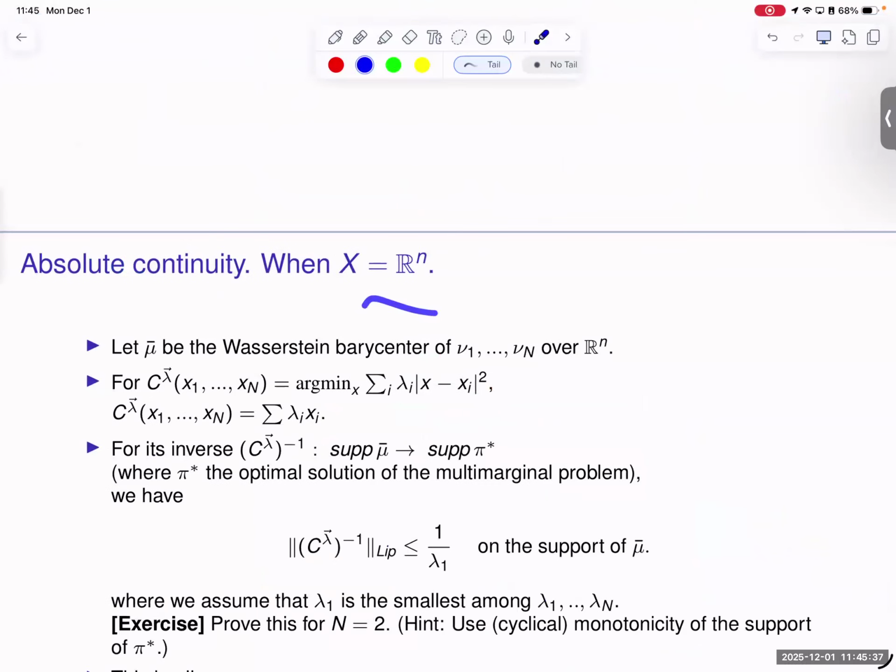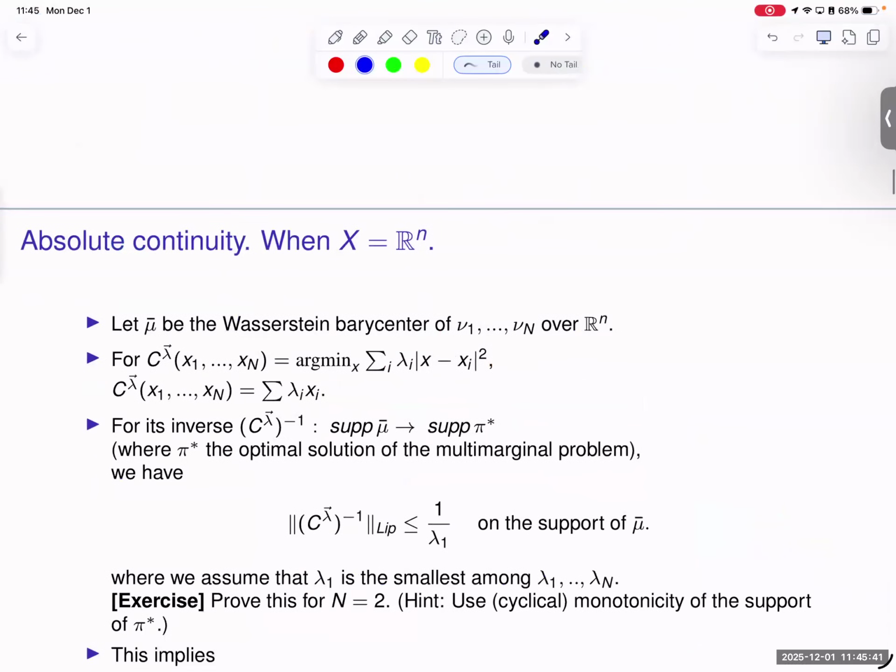So in R^n, you can do this rather nice analysis, where you consider this kind of barycenter mapping.